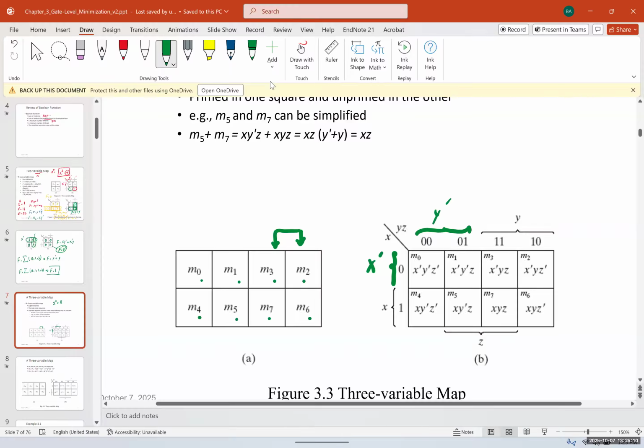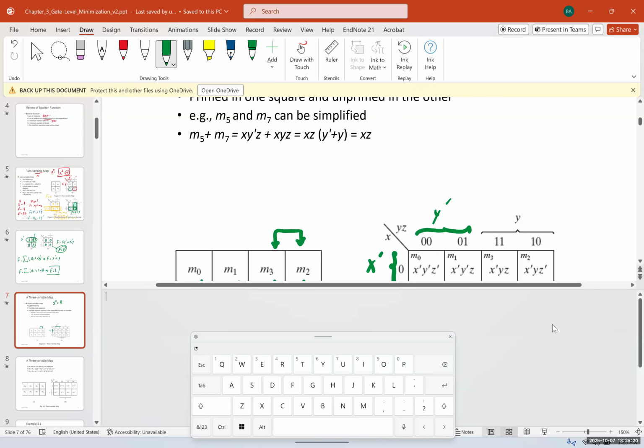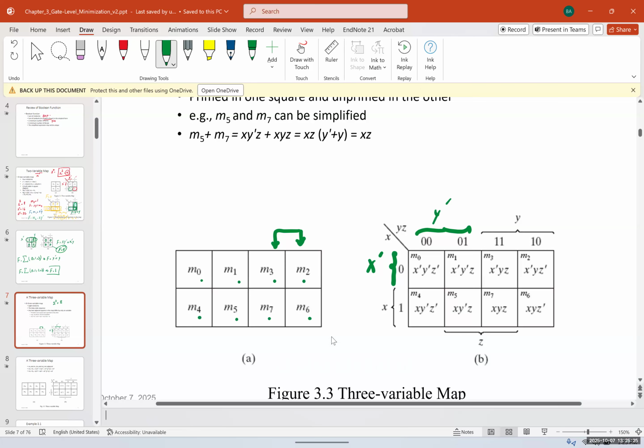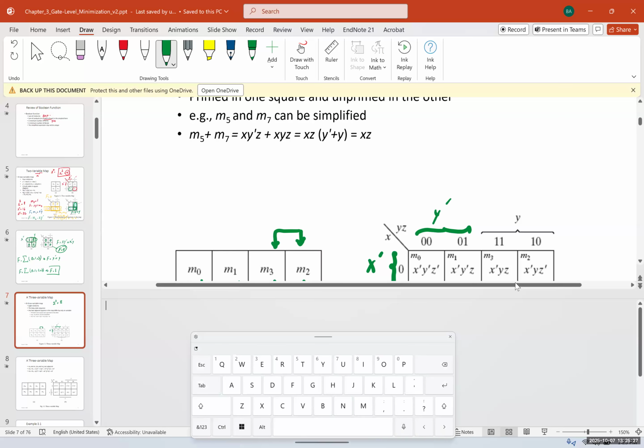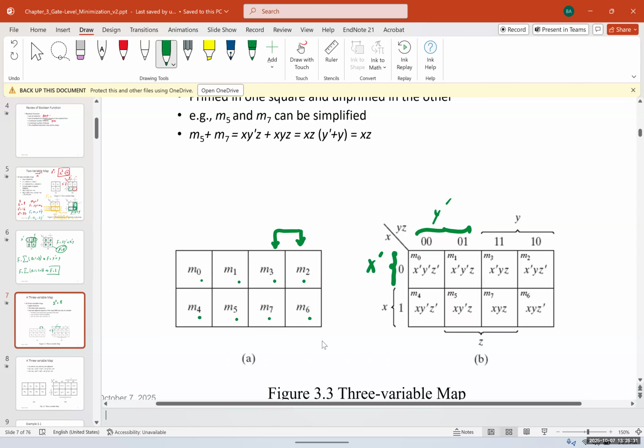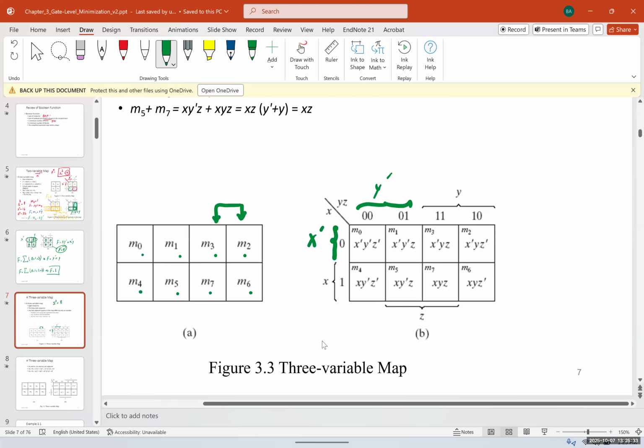The middle columns are Z. The 2 last columns are Y. Therefore, these 2 will be our Z prime. So this is Z prime and this is also Z prime.